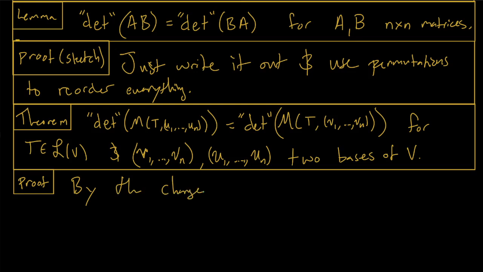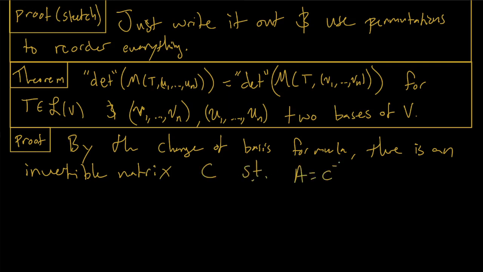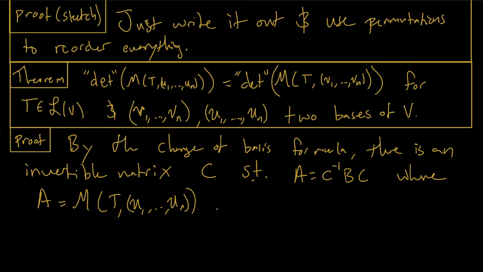By the change of basis formula, there is an invertible matrix C such that A is equal to C inverse BC, where A is equal to the matrix of T with respect to one of the bases. It doesn't matter which one you pick. You can flop them all you want. And B is equal to the matrix of T with respect to the other basis. Let's make that V1 through Vn.